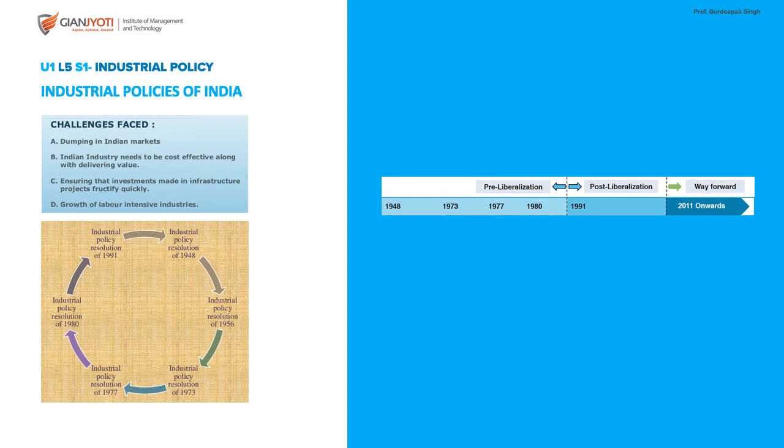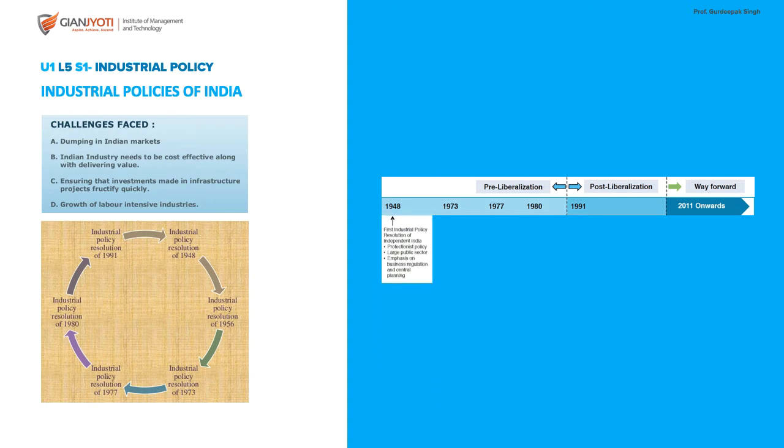From 1948 to 1990 is the pre-liberalization era. From 1991 to 2011, we call it post-liberalization. And from 2011 we are continuing with the post-liberalization era, but we also came up with a new industrial policy in 2011. So we'll talk about that.